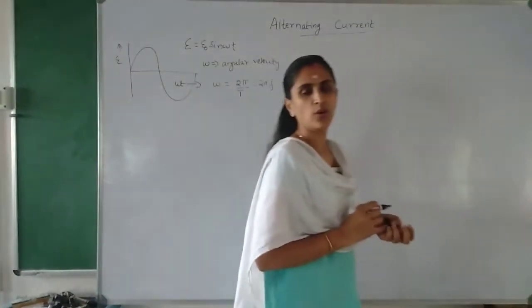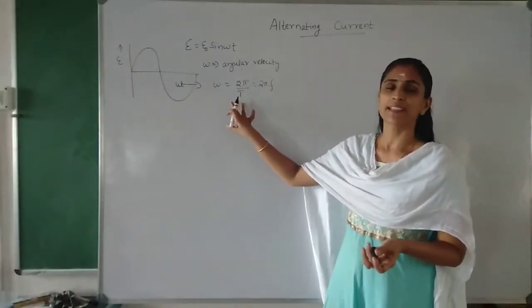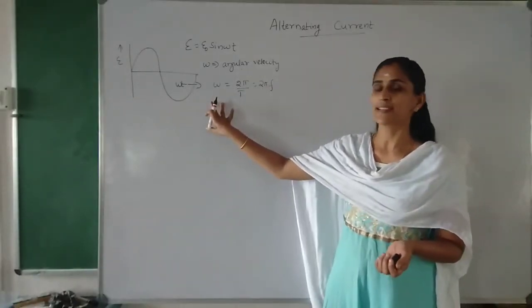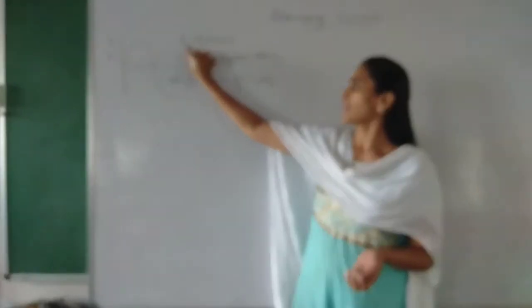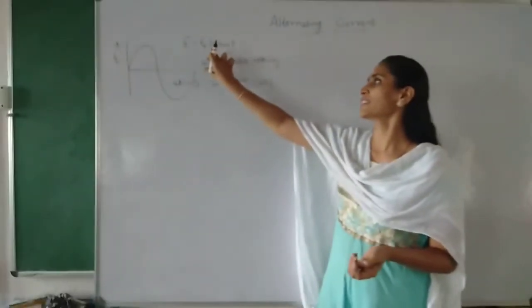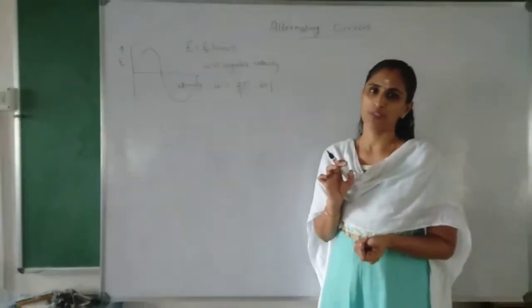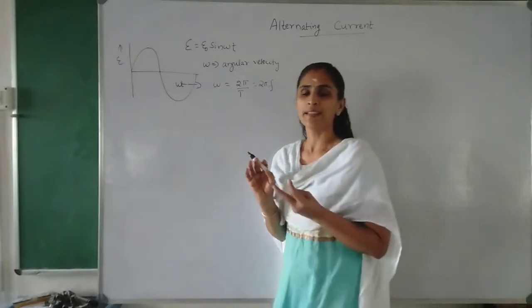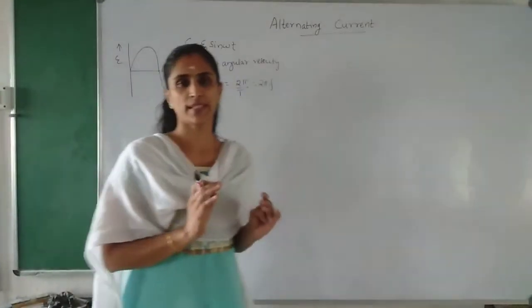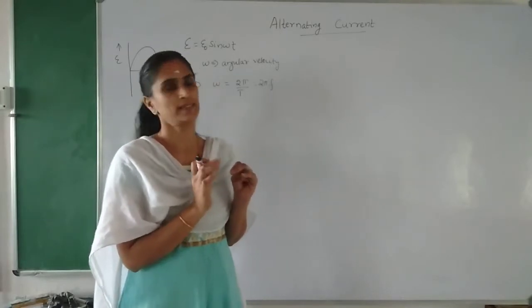That is the relation between omega and T, where T is the time period, f is the frequency, and omega is the angular velocity. E is the instantaneous value of the AC voltage, and E0 is the peak value. Is it clear?